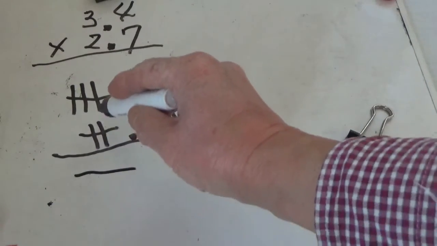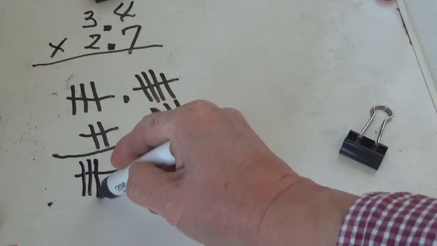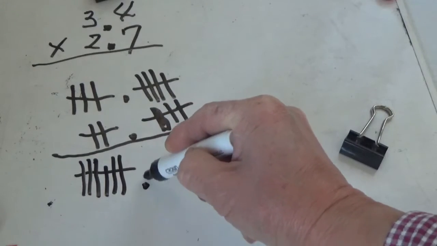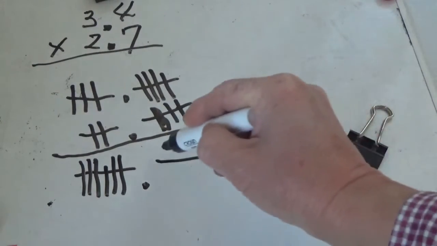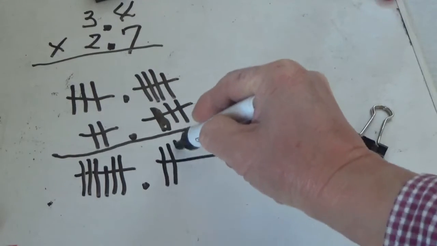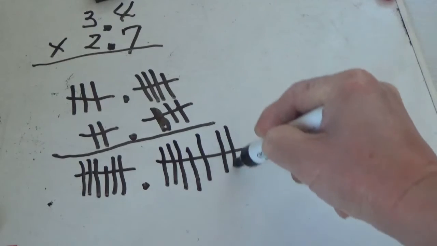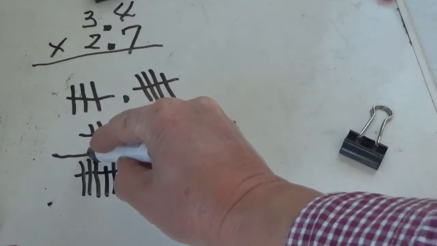So this is 1, 2, 3 and 1, 2, 3 point. This is 1, 2, 3, 4. 1, 2, 3, 4. Okay, and then this is finished.